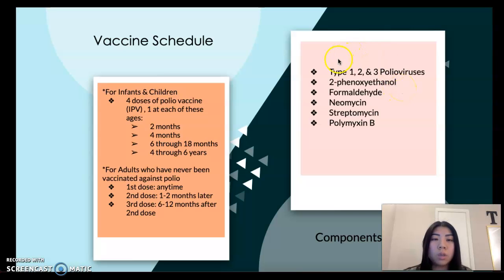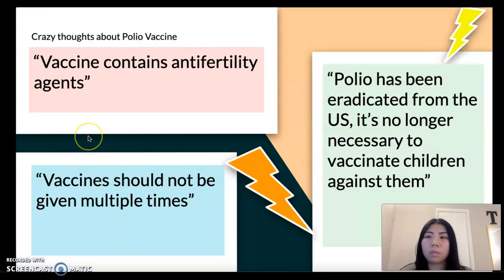It contains 3 serotypes, type 1, type 2, and type 3 of poliovirus. It was originally formulated by Jonas Salk, which I referred to before, but it has been replaced with enhanced potency in the late 1980s.